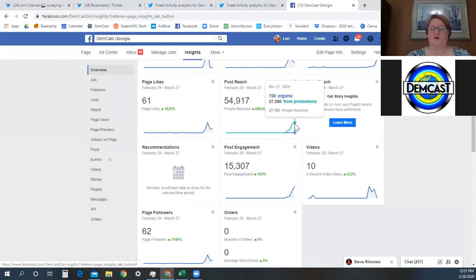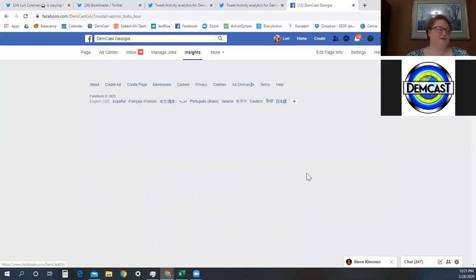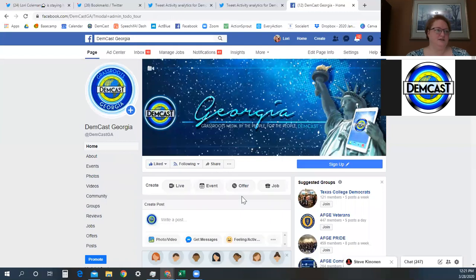Okay. And on Facebook, unfortunately or fortunately, you can run political related ads. So I'll show you the ad that we did. Yes, I will show you the ad that was run. Let me go back to the page.